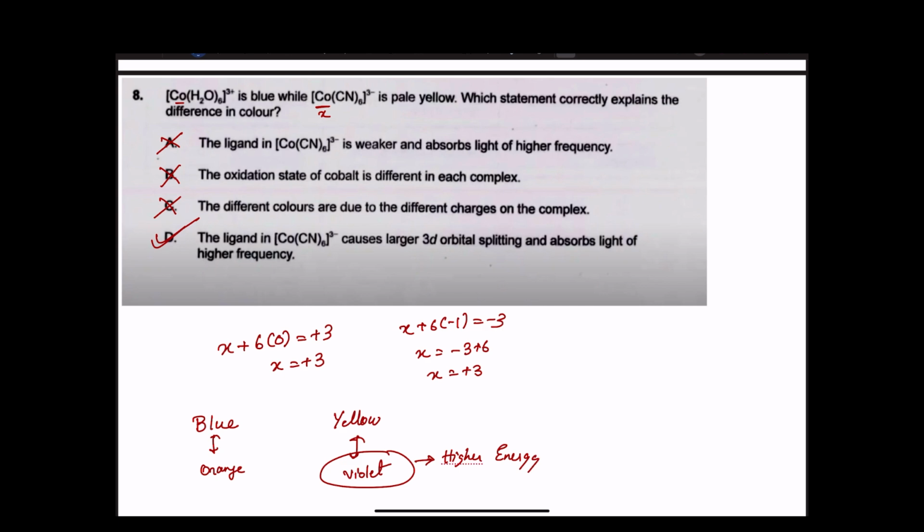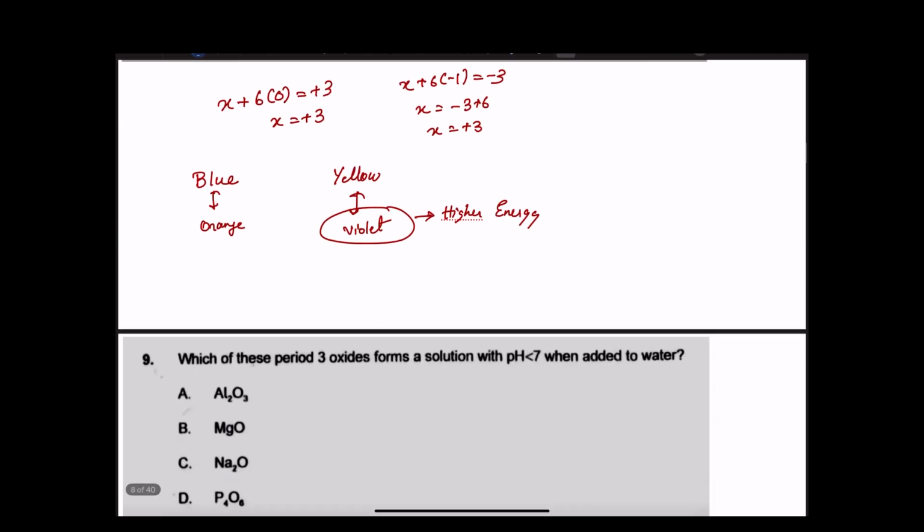In VIBGYOR, violet has the highest energy, red has the lowest energy. So the ligand causes larger 3d orbital splitting and absorbs light of higher frequency. Violet has higher energy and also higher frequency. So option D is correct for question 8.